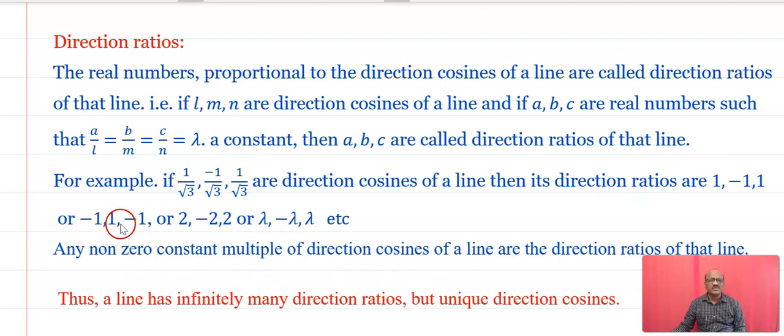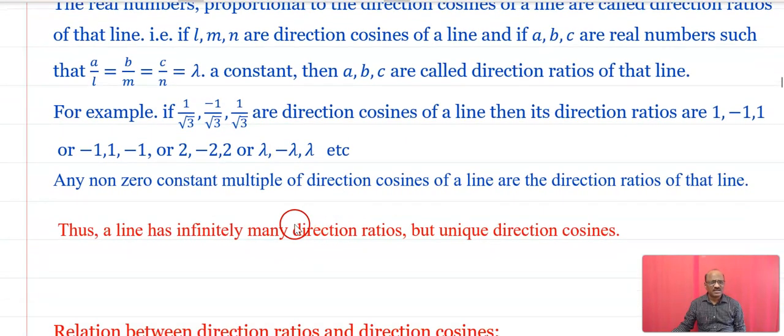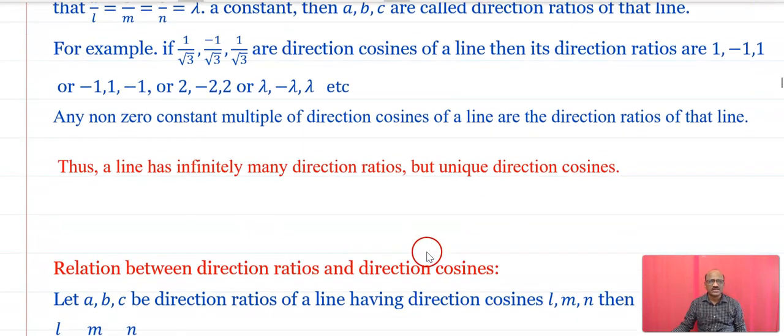Or you can multiply all these by 2, by lambda, etc. That is, any non-zero constant multiple of the direction cosines of a line gives the direction ratios of that line. Thus, a line has infinitely many direction ratios, but unique direction cosines.